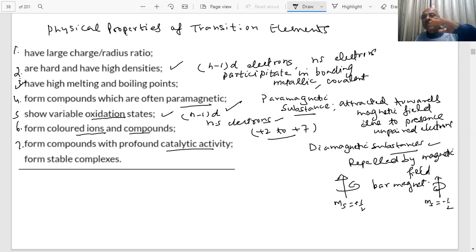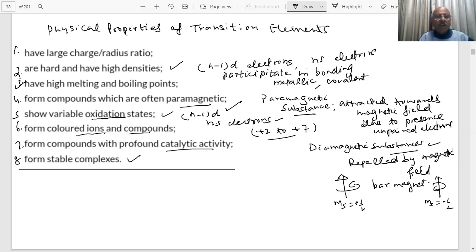They provide a good surface as well as their oxidation states can change, students, and therefore they are used as catalyst in a large number of reactions, both in organic and in other cases. And in the preparation of ammonia and the preparation of sulfuric acid, you will see a lot of transition metals being used as a catalyst, and they form large stable complexes.